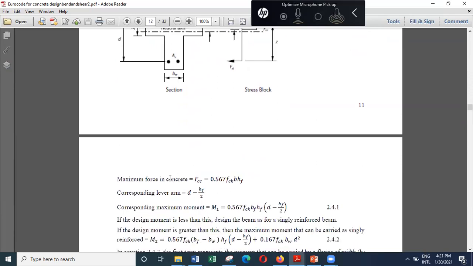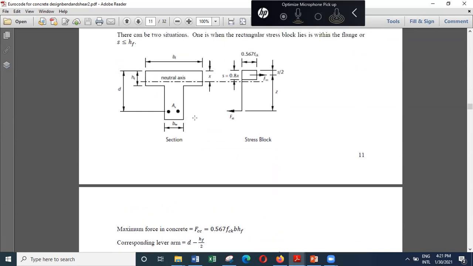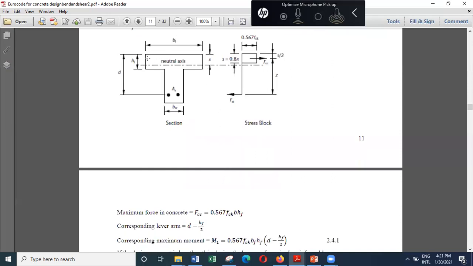So the maximum force that this concrete can carry is the area of the flange multiplied by the maximum stress in concrete. And the lever arm corresponding to that is d minus Hf over 2.